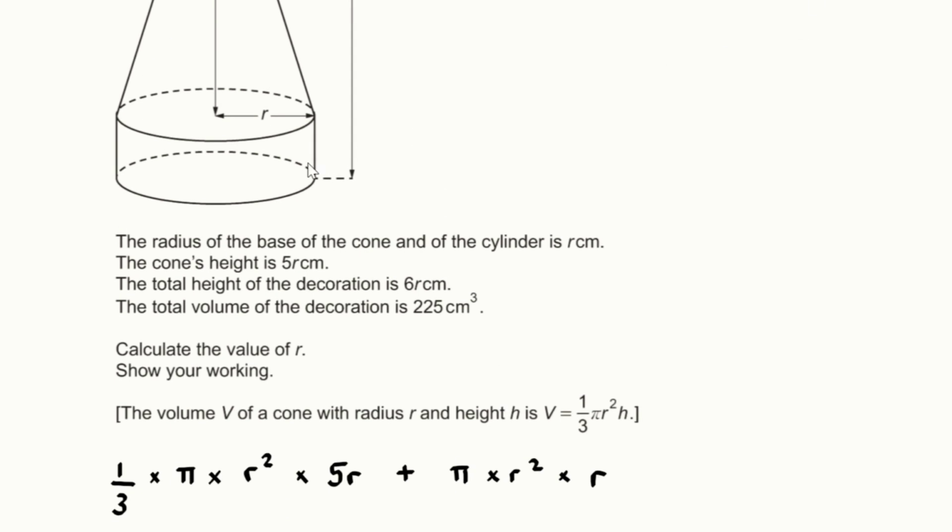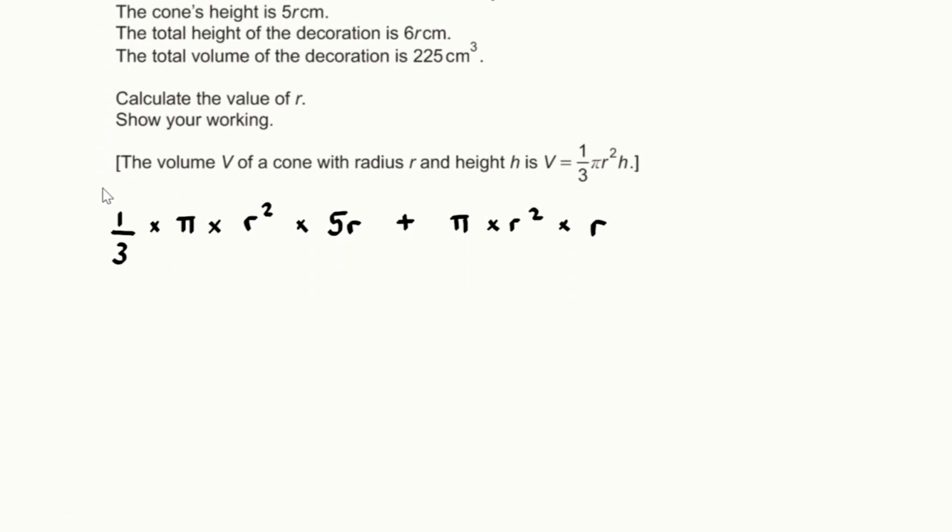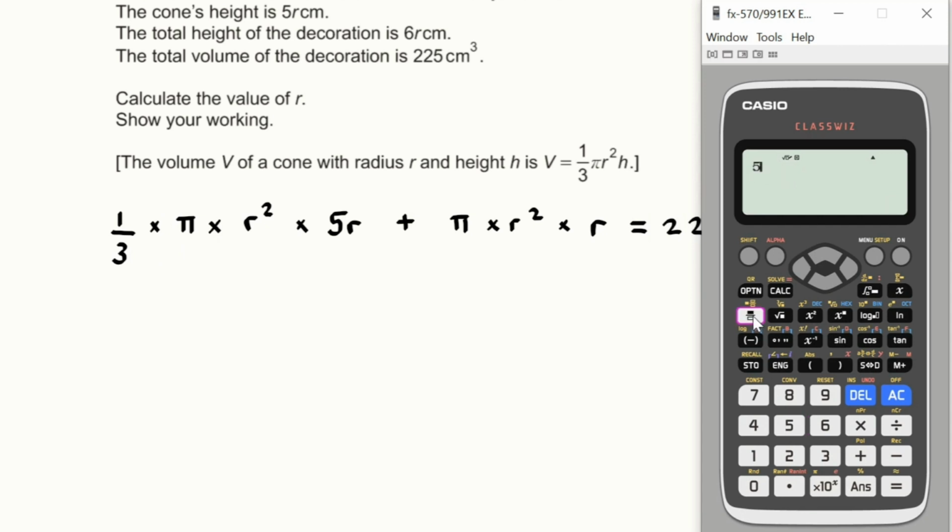So the height over here is quite simply r. And we know that the total volume is equal to 225 centimeters cubed. So I've got over here 5/3 pi plus 1 pi, which is 8 pi over 3.